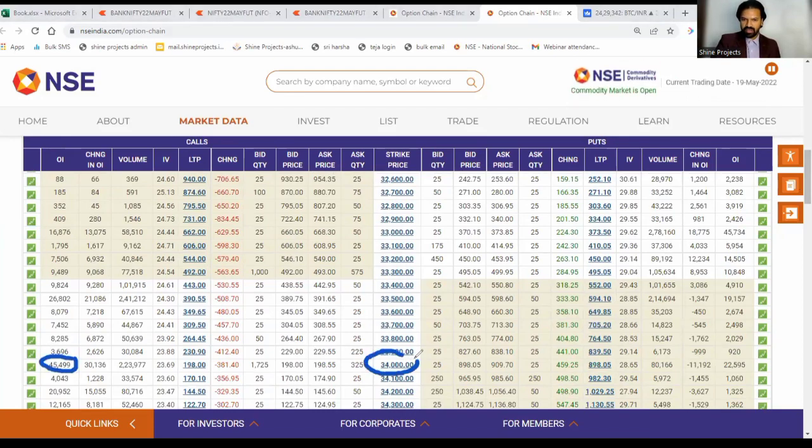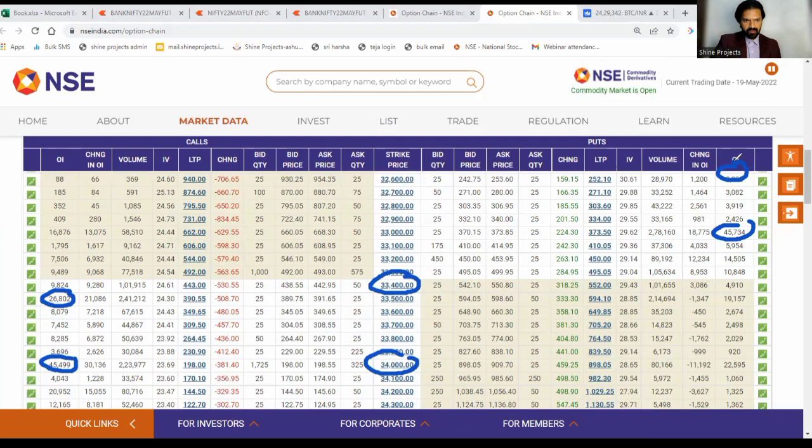At 34,400 level. So what can I conclude from the option chain data analysis? Deviation from the in the money. Here and here I can see some significant contracts, but we have looked at that.